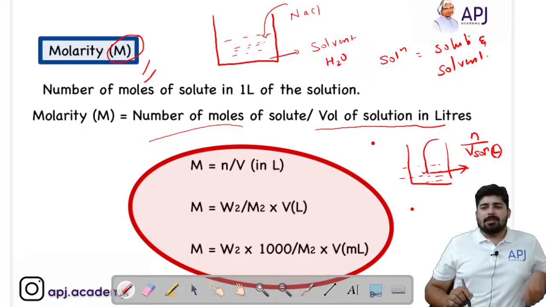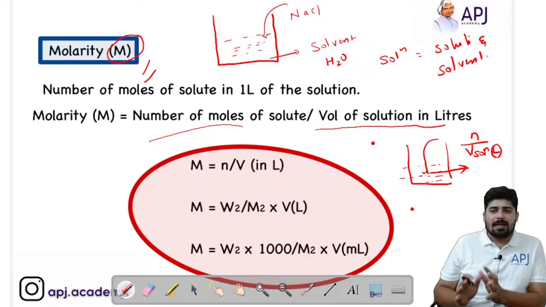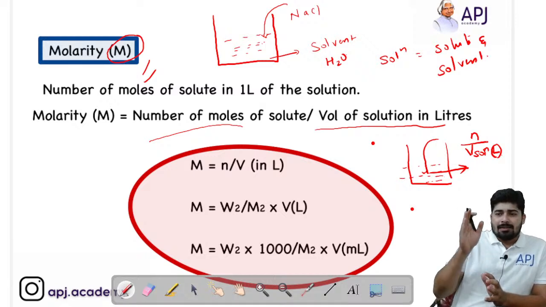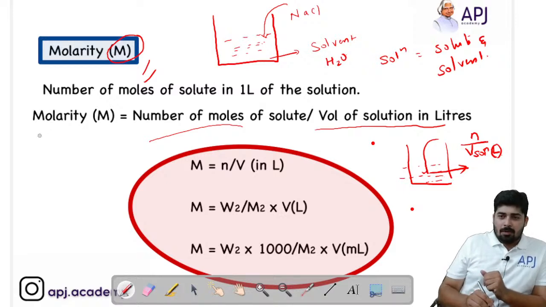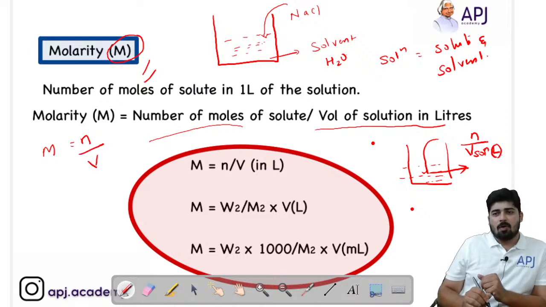Now see students, from this basic definition, I have given you 3 equations. What are they? The very first one is molarity is equal to number of moles of solute, that is n, divided by volume of solution in liters. Here it is volume of solution, and understand it is not volume of solvent.